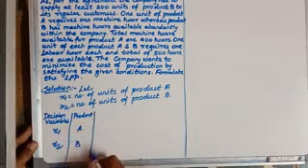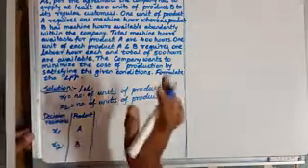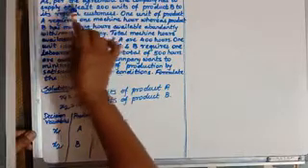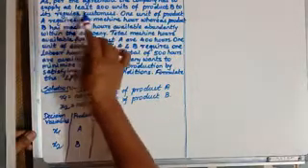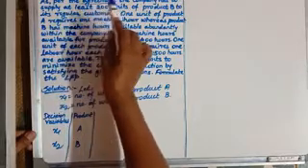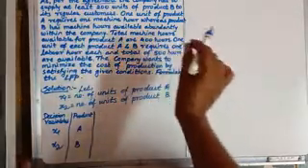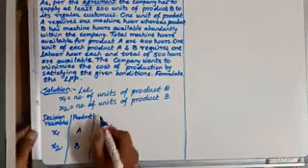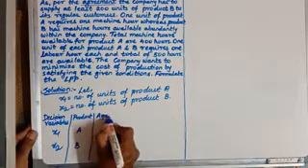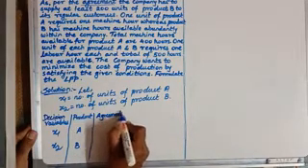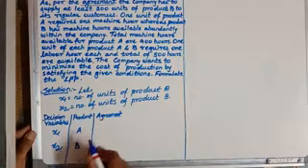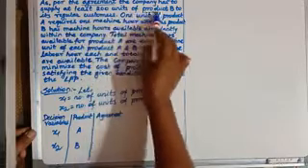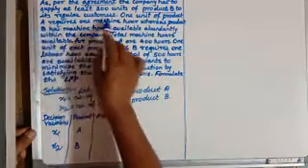Now what are the conditions? The first condition is the agreement. As per the agreement, the company has to supply 200 units of product B to its regular customers.